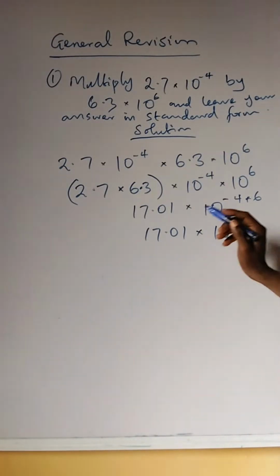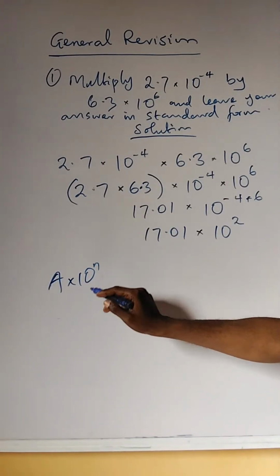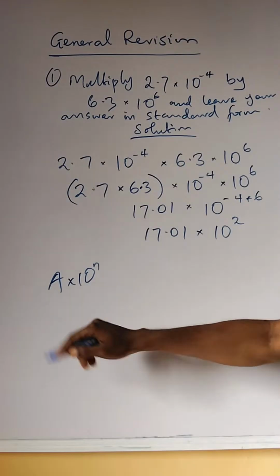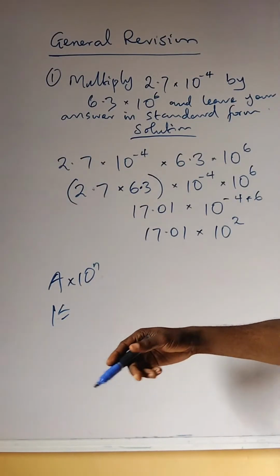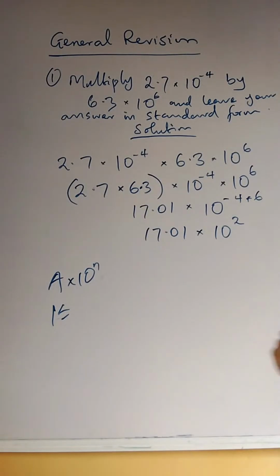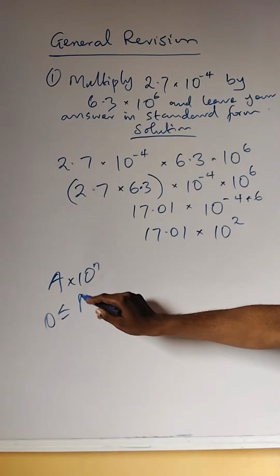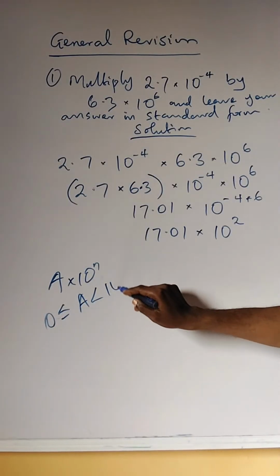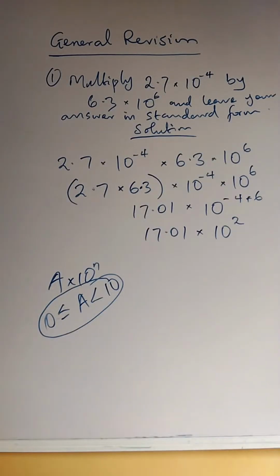So as we have it as a times 10 raised to the power n, where 1 is less than or equal to a, and a is less than 10. So between 1 and 10.